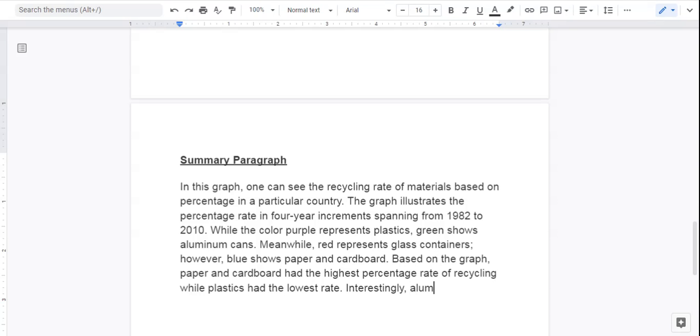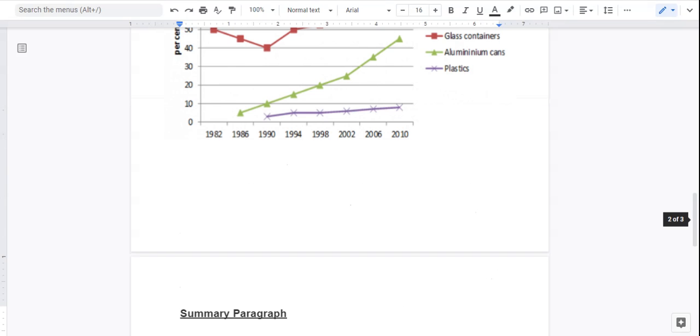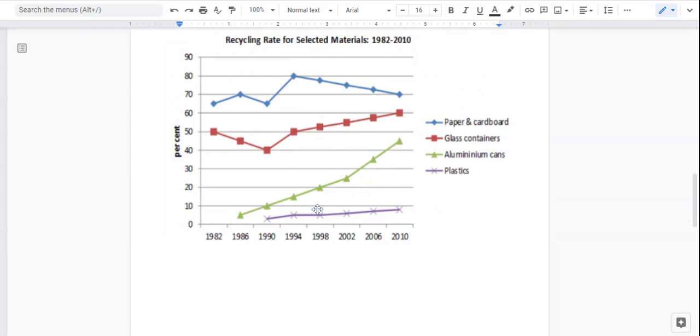Interestingly, aluminum can recycling saw a steady increase over time, with no drops in percentage.